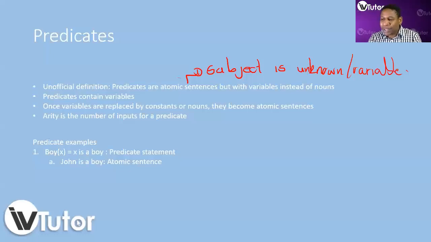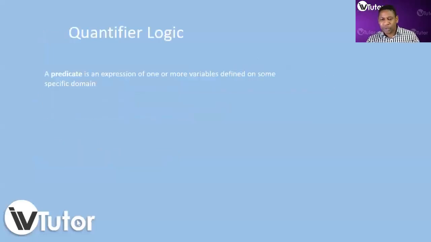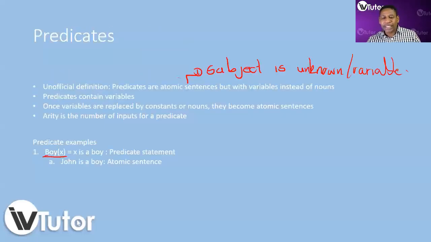We can say, for example, X is a boy, represented by boy X. So this is a predicate statement where X will be defined on some specific domain, and we have boy as our predicate representing X is a boy. When we substitute X with John and say John is a boy, it becomes an atomic sentence.